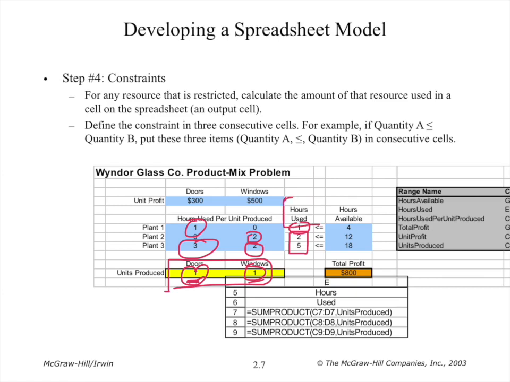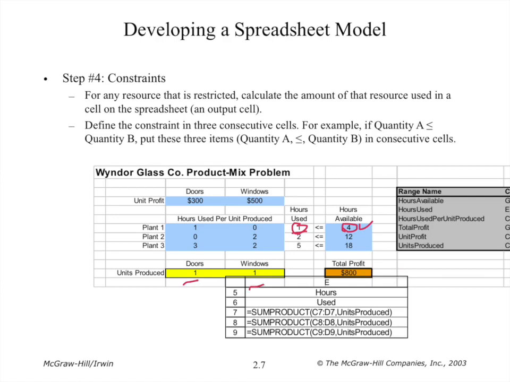That is the hours used, and that is the hours available. You can see here that the 1 is lower than 4. The available is 4 hours, and we use only 1 to produce 1 door and 1 window.